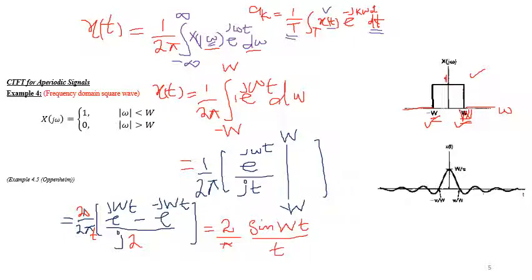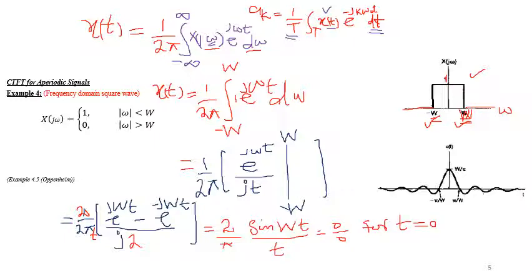If you ask what its value is at t equals 0, when I put 0 here, omega times 0 is 0, sine of 0 is 0, and the denominator is also 0, so I get 0 by 0 for t equals 0.